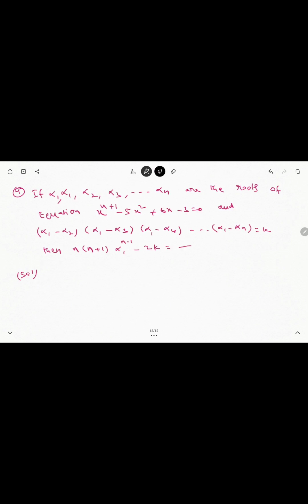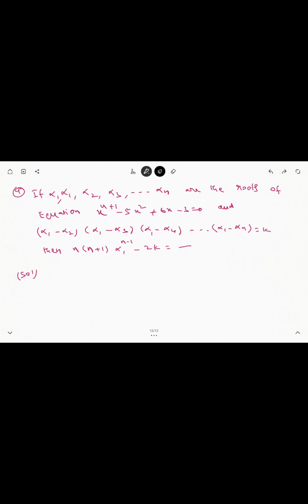Ninth one is if alpha 1 comma alpha 1, 2 times, comma alpha 2, so on up to alpha n are the roots of the equation x to the power of n plus 1 minus 5 into x square plus 6 into x minus 3 equal to 0, and alpha 1 minus alpha 2, alpha 1 minus alpha 3, alpha 1 minus alpha 4, so on up to alpha 1 minus alpha n is equal to k. Then find the value of n into n plus 1 into alpha 1 power n minus 1 minus 2k, integer type.